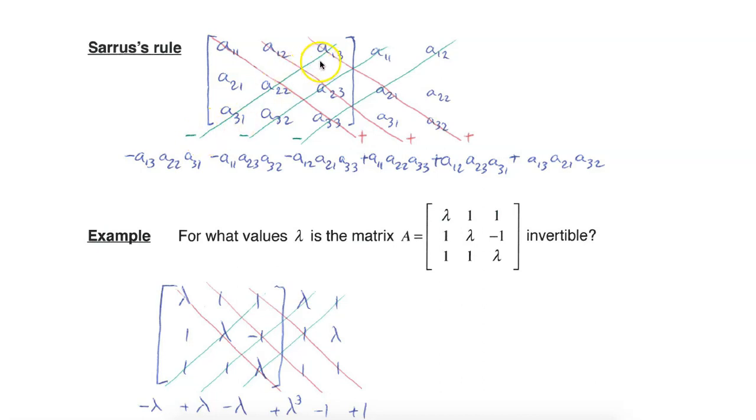So here it's A13 times A22 times A31 with a negative sign, and then another negative sign, minus A11, A23, A32, minus again. And then for the 3 diagonals that go down towards the right, we have a positive sign. If you compare this with the previous page, you'll see it's the same 6 terms.